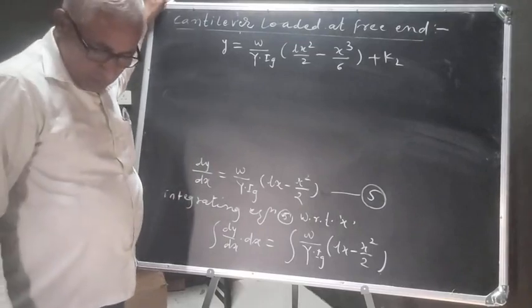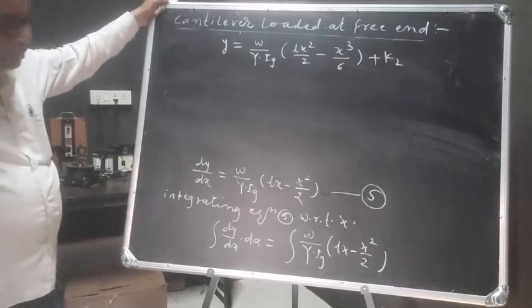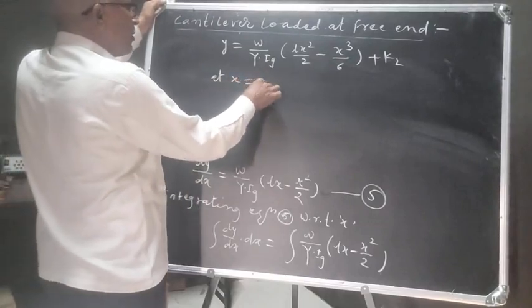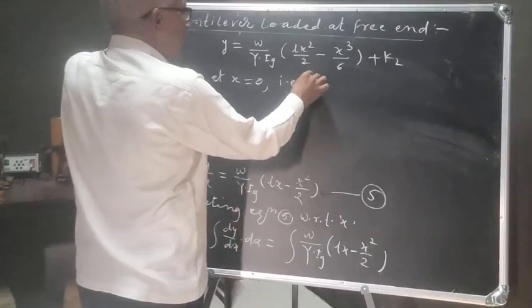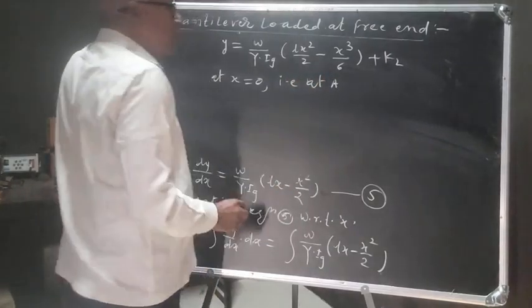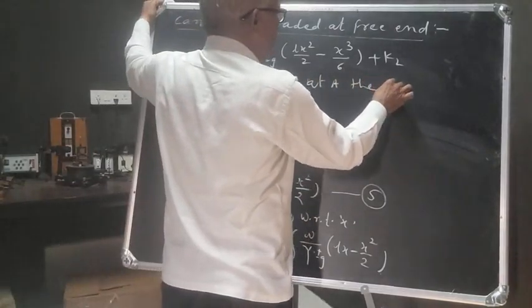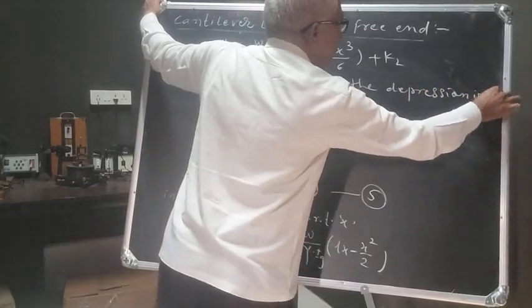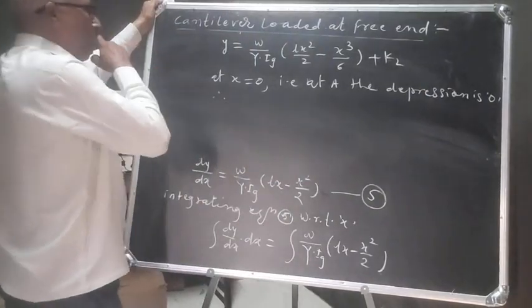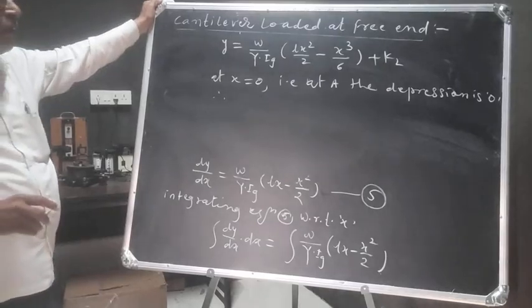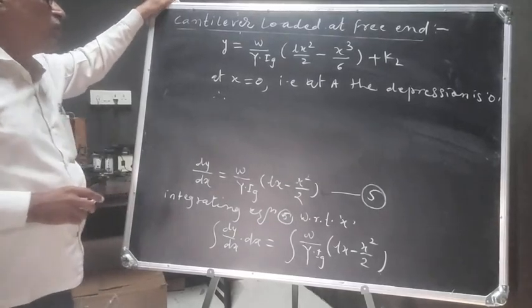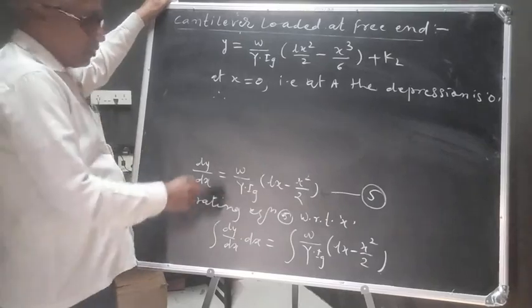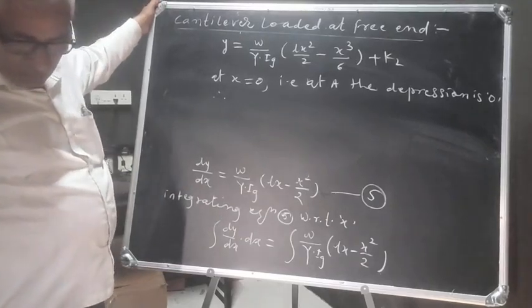Now to calculate the value of k2, we know that at x equals 0, that is at A, the depression is 0. Putting the values x equals 0 and theta equals dy by dx equals 0, the value of k2 is also 0.